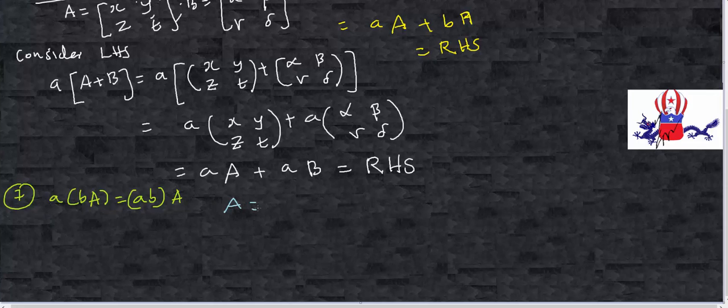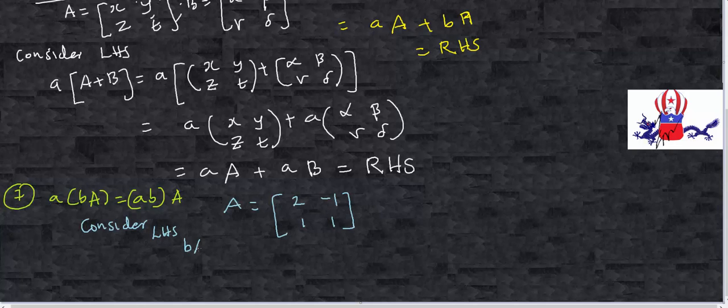So to understand this, let us take the matrix A to be 2, -1, 1 and 1. Now we have a constant B being multiplied to the matrix A. So let us start off by considering the left hand side.